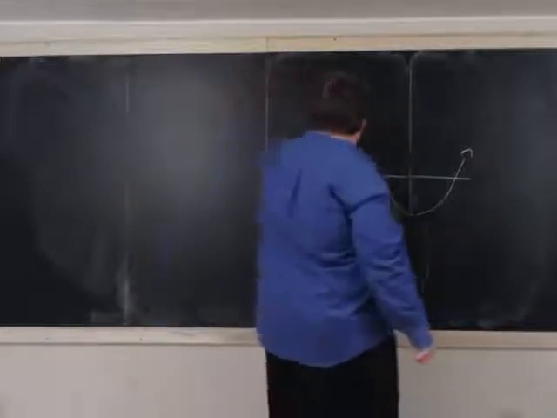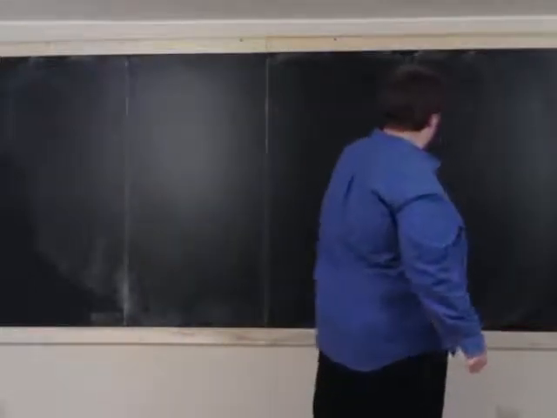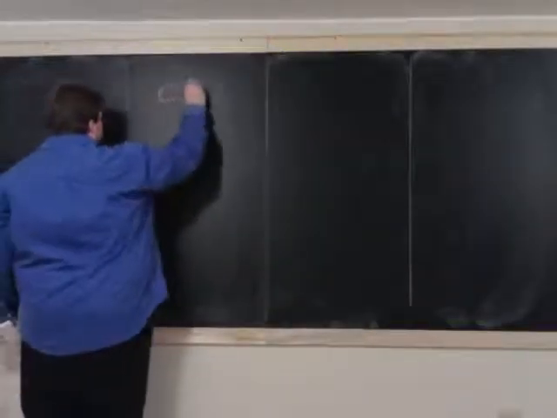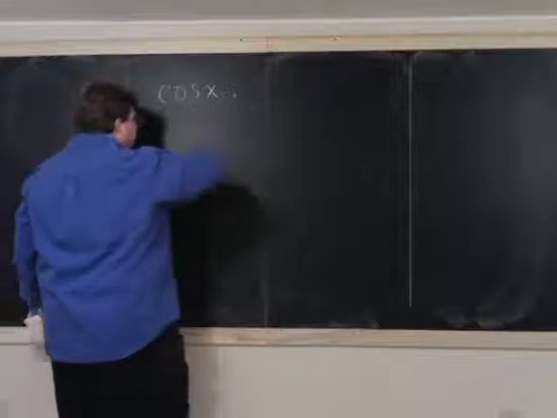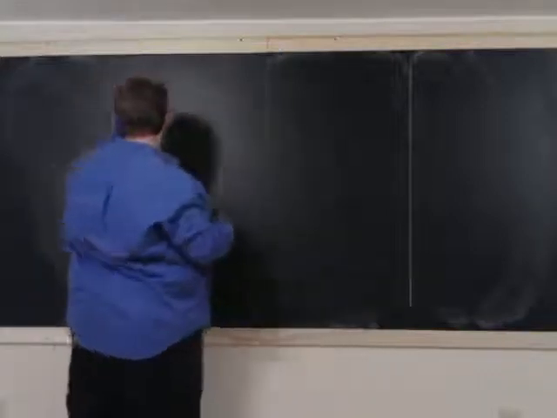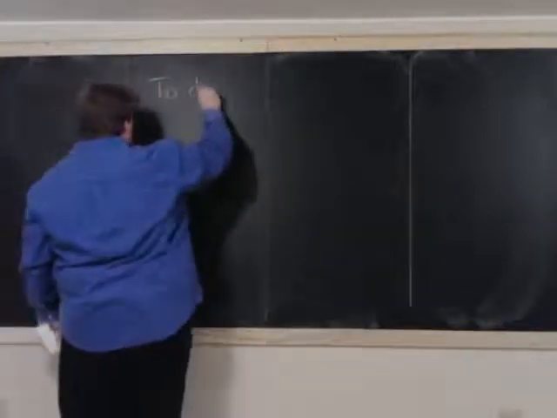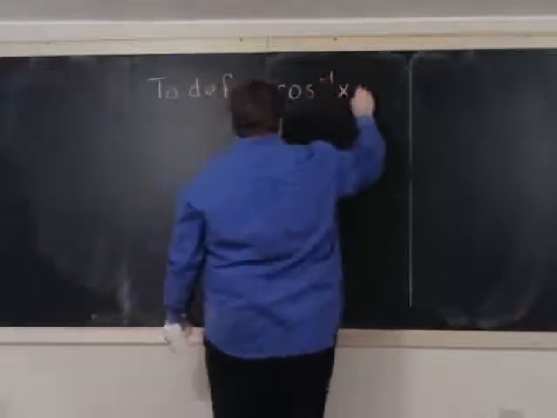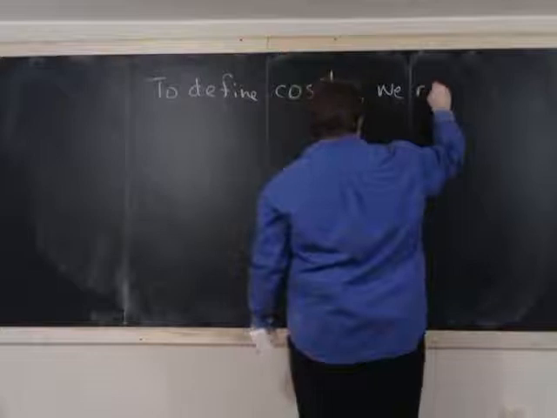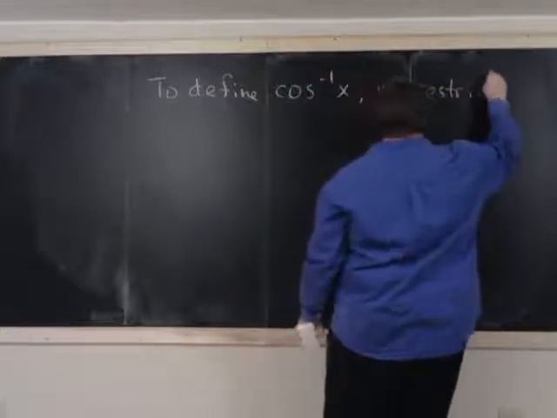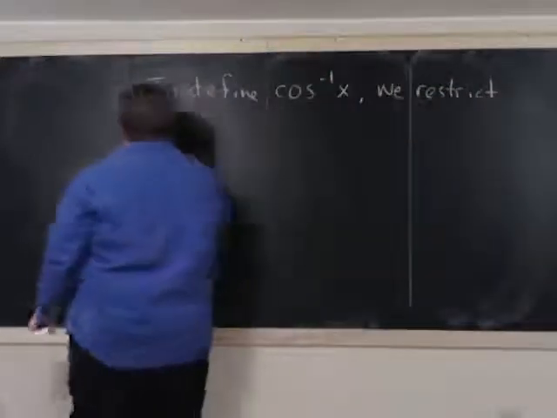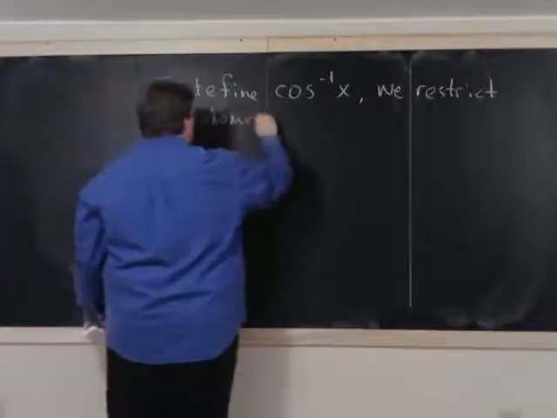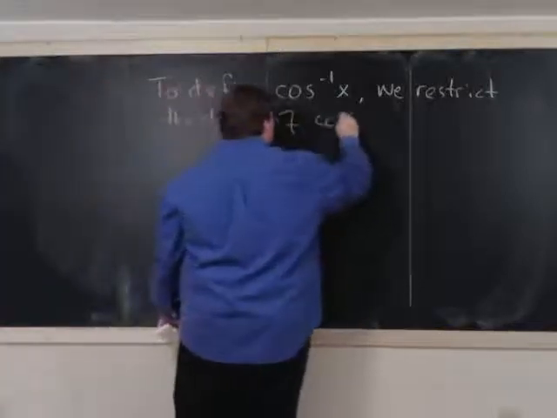So let's formally define the inverse cosine function. To define cosine inverse of x, we restrict the domain of cosine x.